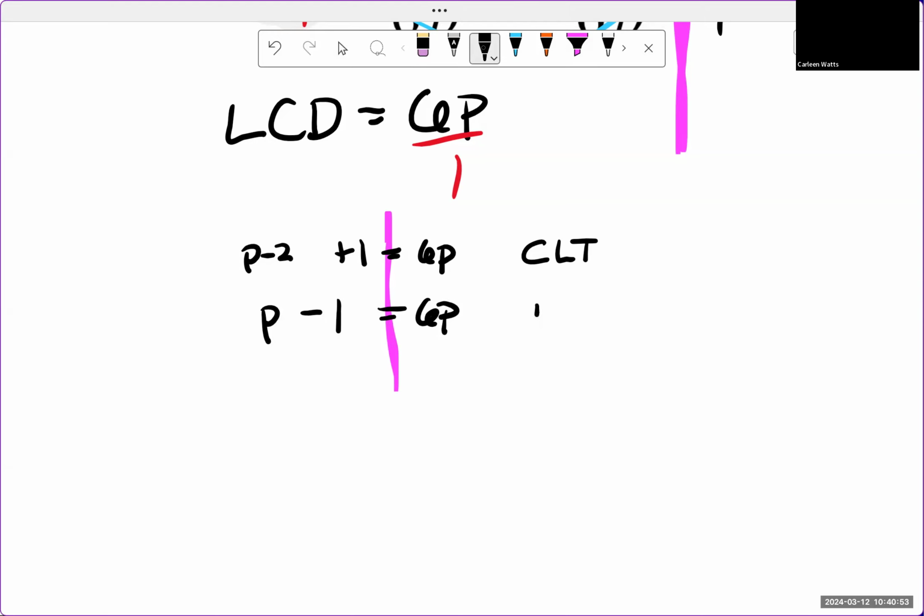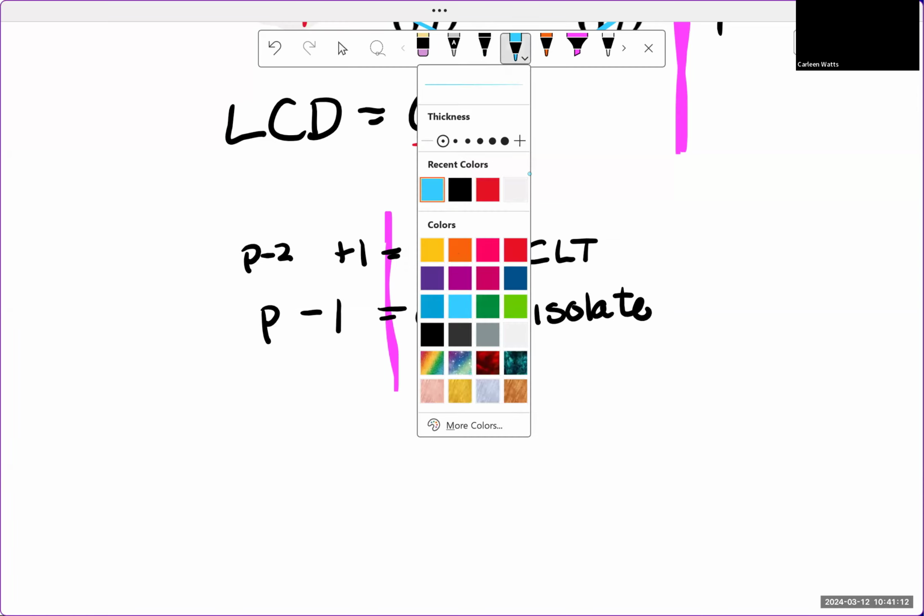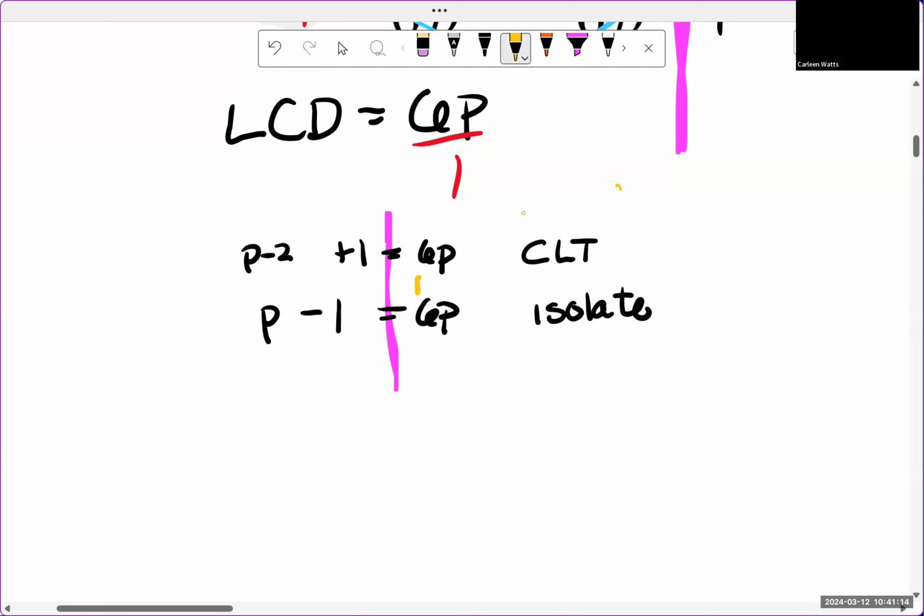Okay, now we're going to isolate. So who is the most powerful term in this equation? Which p? Who's the most powerful? The 6p. You're awesome. The 6p is the most powerful term. This guy gets a crown. Royalty. So I'm going to do what to both sides?